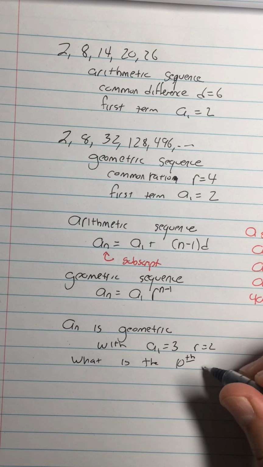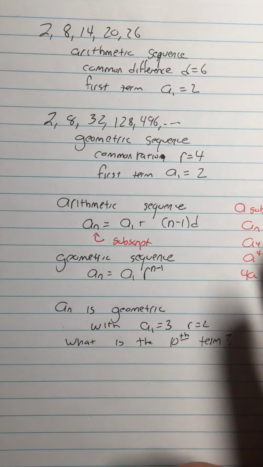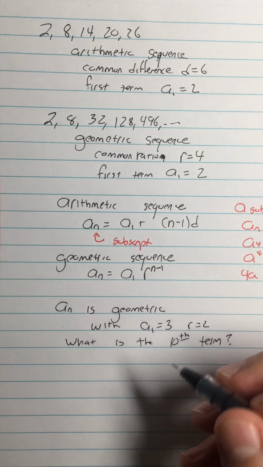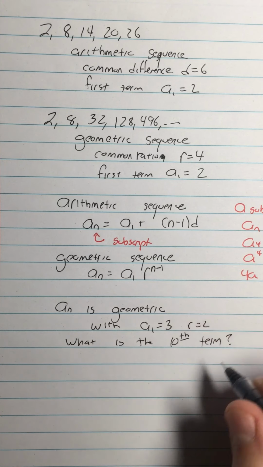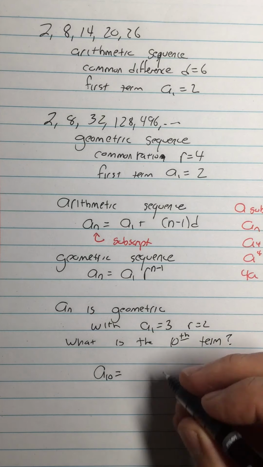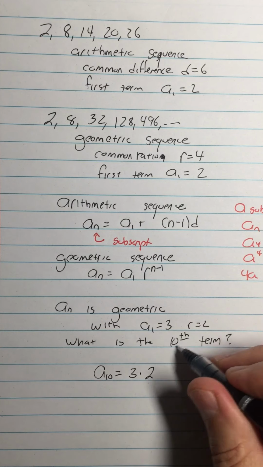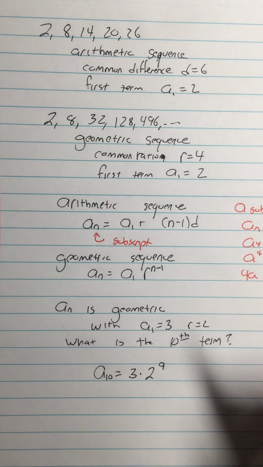And this would really be more of a pre-calculus question than a calculus question. But I'm just reminding you of these formulas and how they work. So what I would write for this is a sub 10 equals my a sub 1, which is 3, times my r, which is 2, to the 9th power because it's n minus 1.